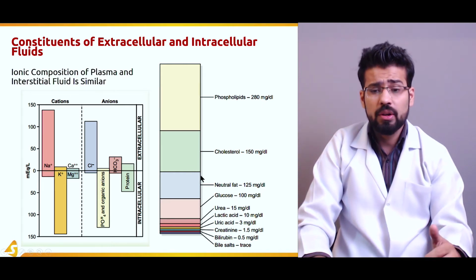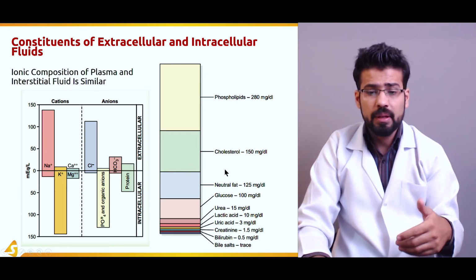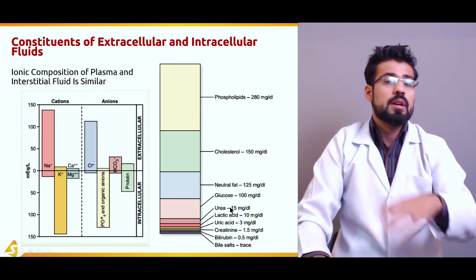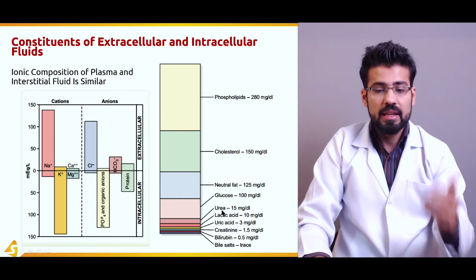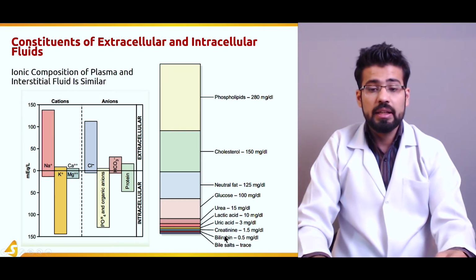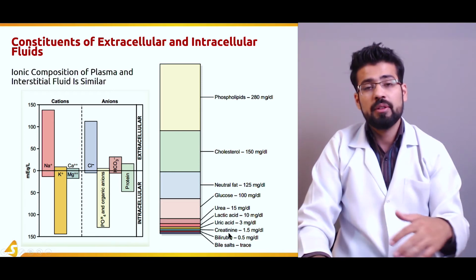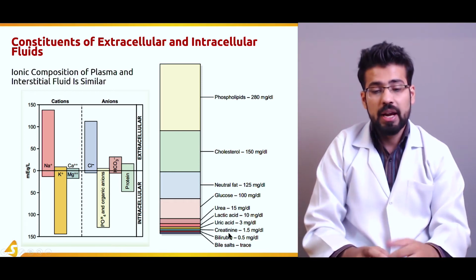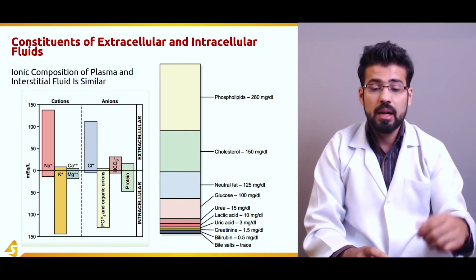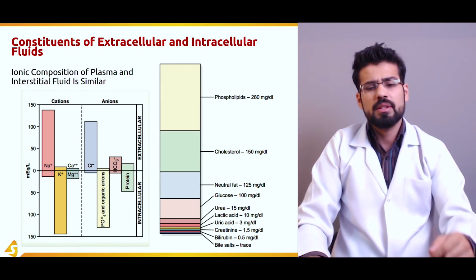This is followed by the concentration of the cholesterol in the plasma, the neutral fat, and then comes the glucose, which is being discussed so much. This is followed by the urea, the lactic acid, uric acid, the creatinine, which is the breakdown product of the muscle creatine, bilirubin, the breakdown of the red blood cells, and bile salts. They are present in very trace amounts.